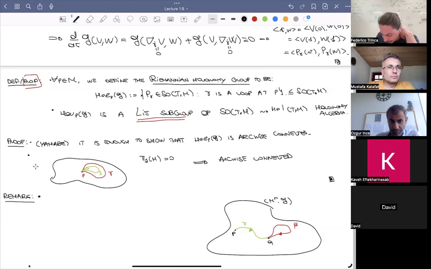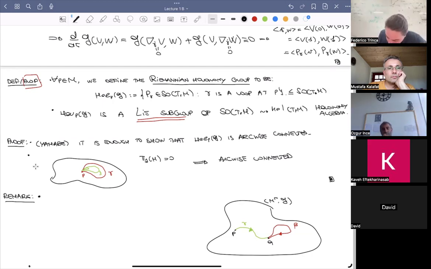And so we have defined this subgroup of SO(T_pM) for every point. How are all the holonomy groups of this Riemannian manifold, for every point, related to each other? And can I give a definition of a subgroup which is independent of the base point p?